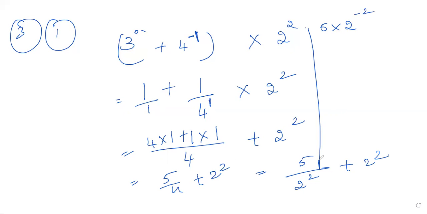See, bring this to the numerator. It becomes 2 to the power of minus 2 plus 2 square. Sorry, it is not plus, it is into. Write 5 into 2 to the power of minus 2 into 2 to the power of 2. Bases are same. Write 2. Add the powers.